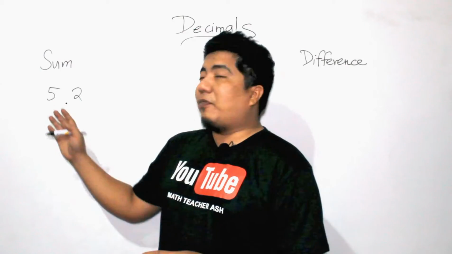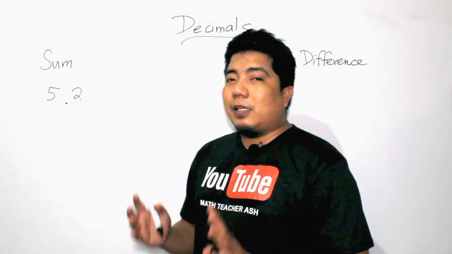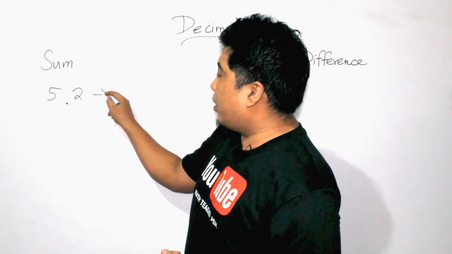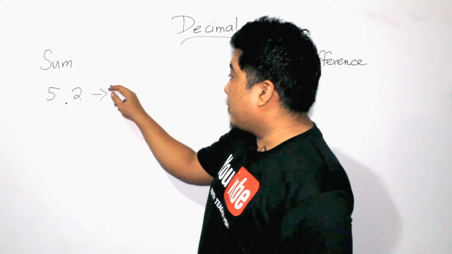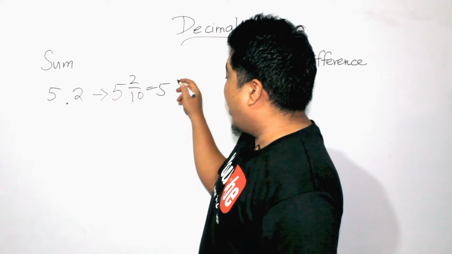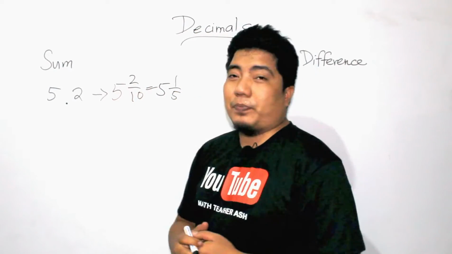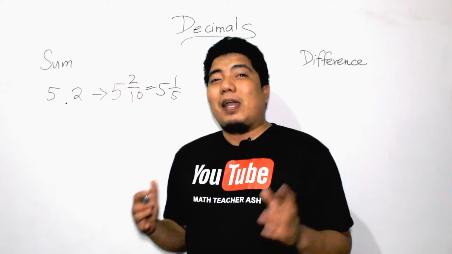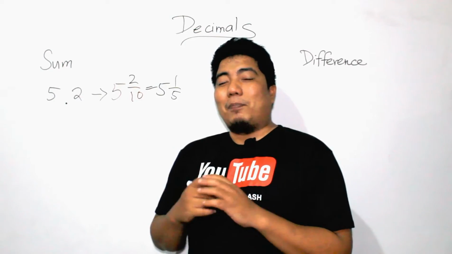There is a 5 whole number and a decimal that is 0.2 or 2/10, which, if you convert this into a fraction, is 5 and 2/10 or 5 and 1/5. Now, if you don't know how to convert these things, well, you can see my video in the elementary playlist.